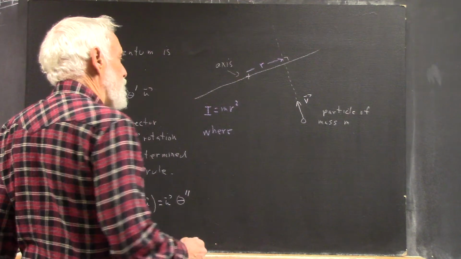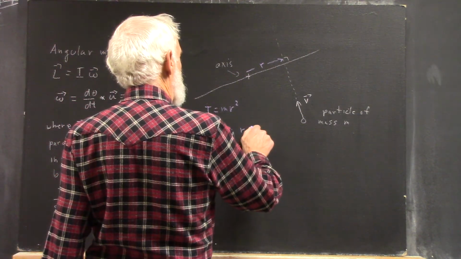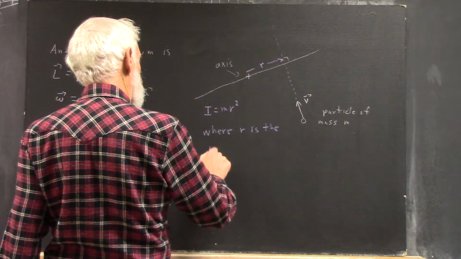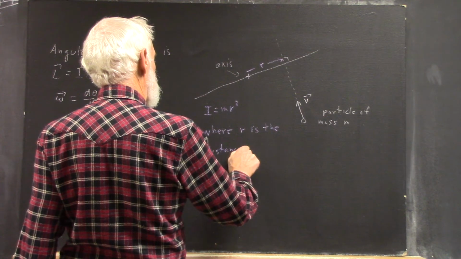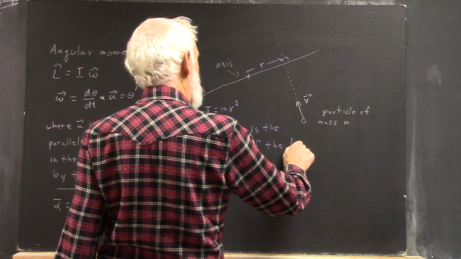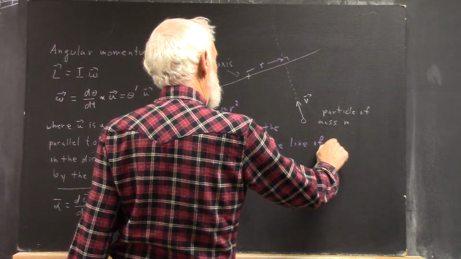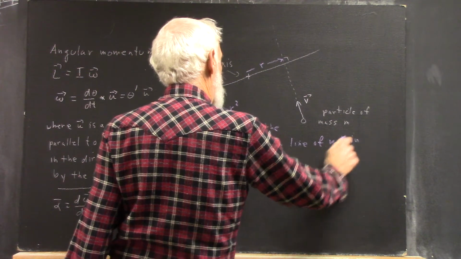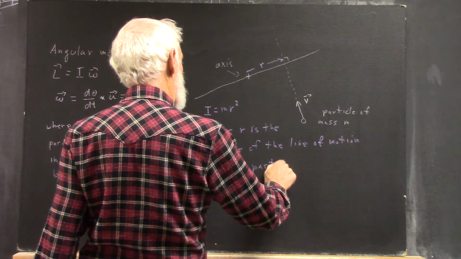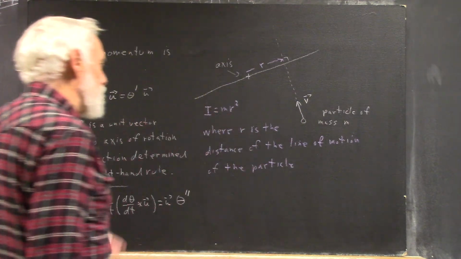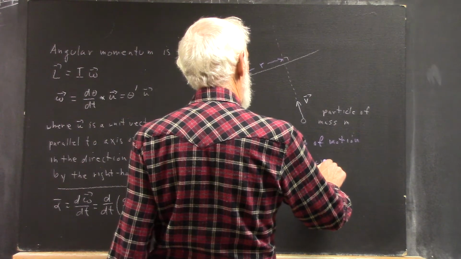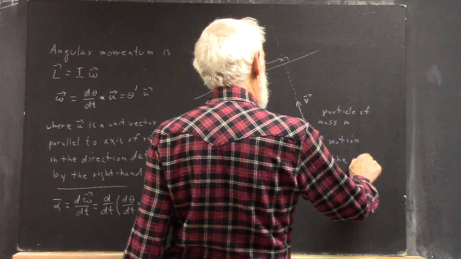The easiest way I can describe this is where R is the distance of the line of motion of the particle from the axis.